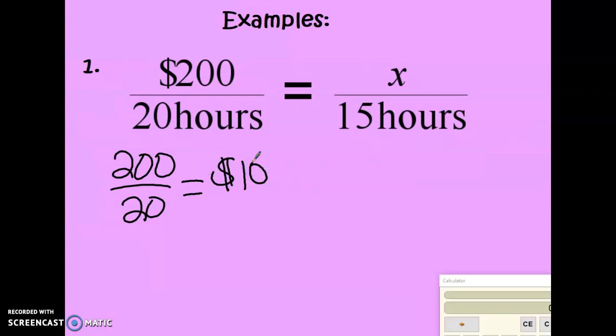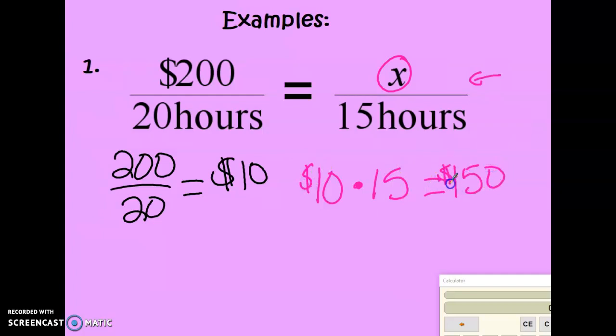Okay, it's asking us to find how much money, so we're trying to find x up here. How much money are we going to make in 15 hours? It just told you if we're looking for the numerator, which is this, we're going to multiply. So I'm going to take 10 and multiply it by 15 hours. Okay, so $10 multiplied by 15 hours, which is going to give us $150. So x is $150.